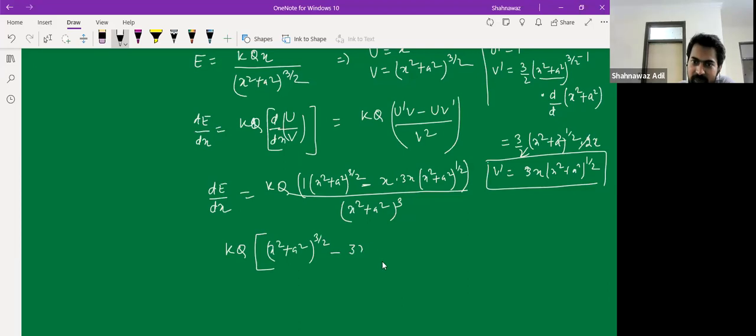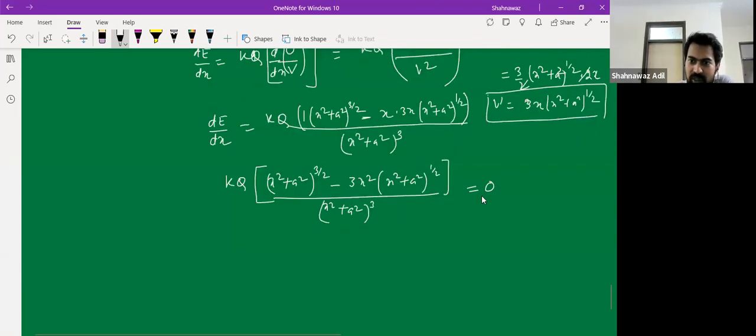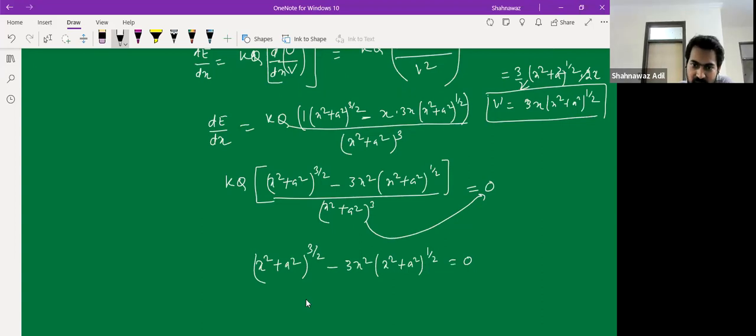So this is 0, and this guy goes over there and becomes 0. We have x square plus a square to the power 3 by 2 minus 3x square times x square plus a square to the power half, which is 0. Right, so we can take common here.